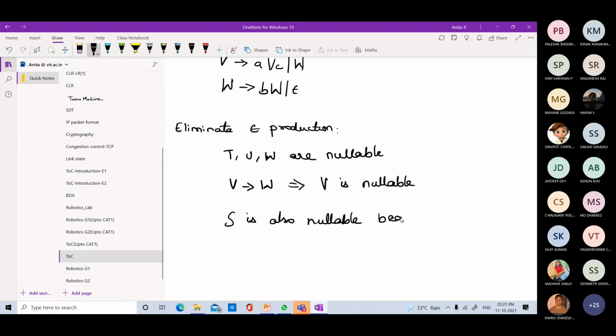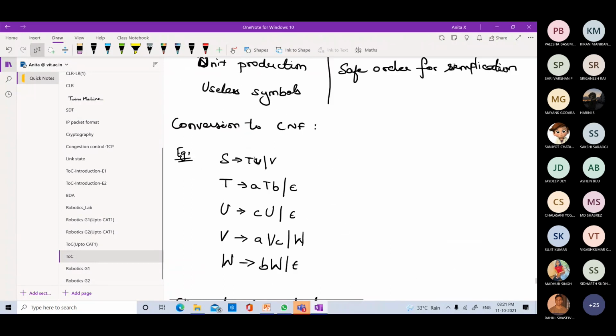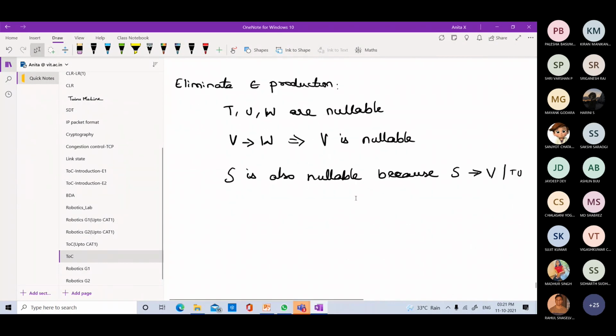Because we have a production S derives V. Here you can also see TU or B. TU is already nullable. Because of both the productions, S is nullable, whatever it is, S derives B or TU. In both cases it is nullable. We have to eliminate the nullable productions.